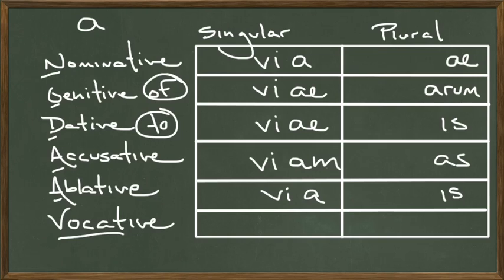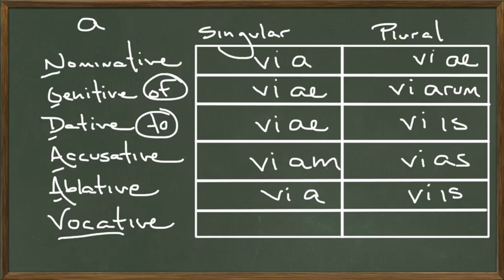If we were talking about more than one road, viae, the roads, viarum, of the roads, viis, to the roads, not like we're walking to the roads, but we're personally giving something to the roads, which is bizarre. It doesn't really make sense, but whatever. Vias, the roads, so video vias, I see the roads. Or we are walking on these roads, in viis.